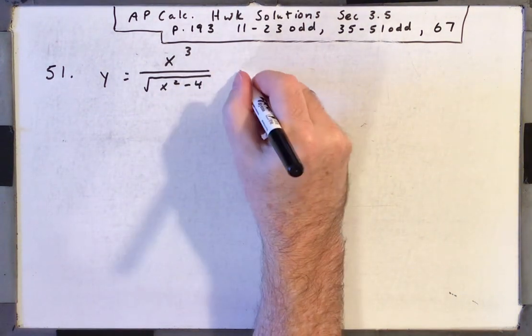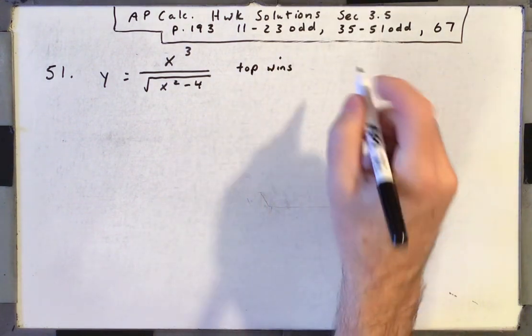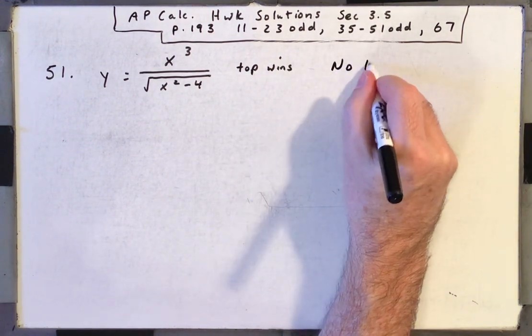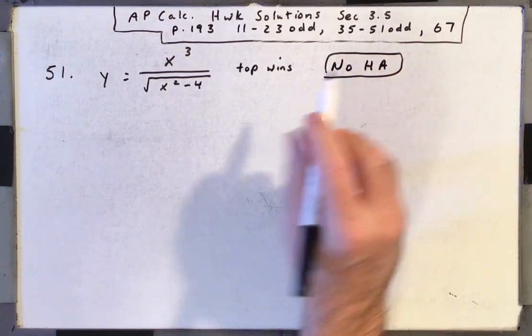Well, in this case, the top wins. So there is no horizontal asymptote. The limit as x approaches infinity does not exist.